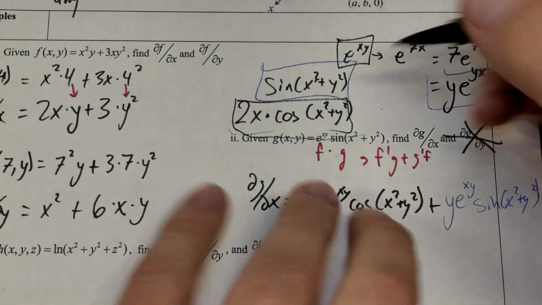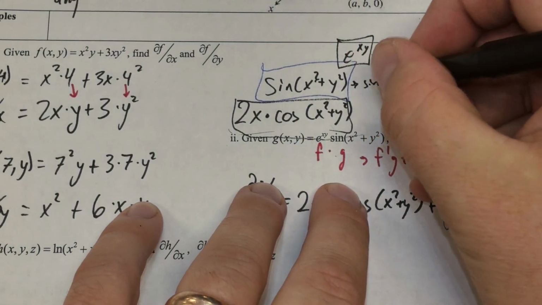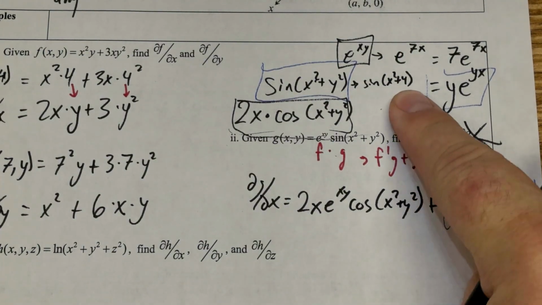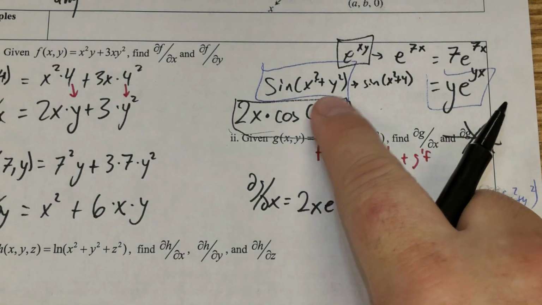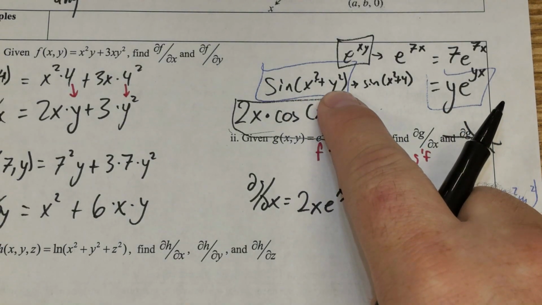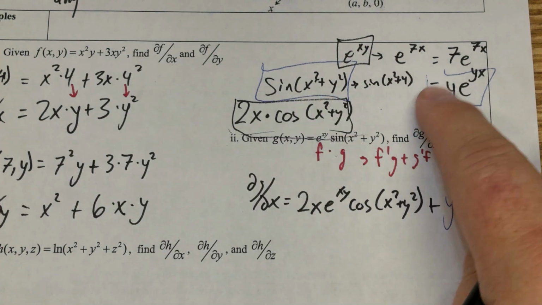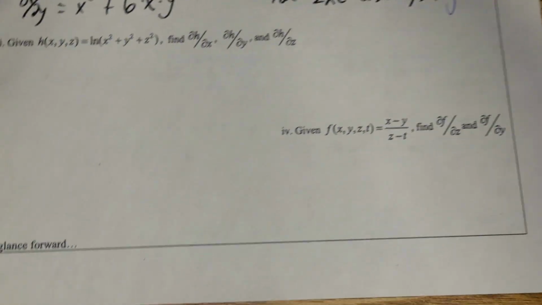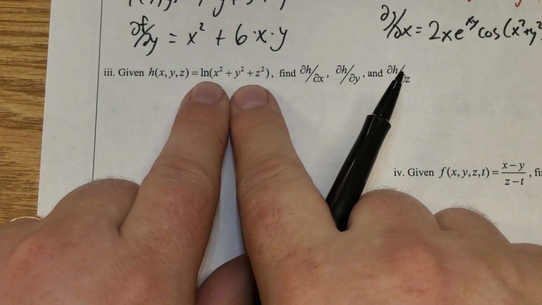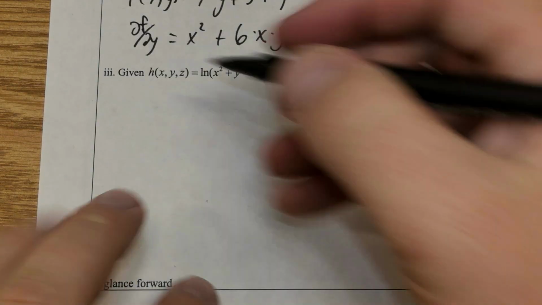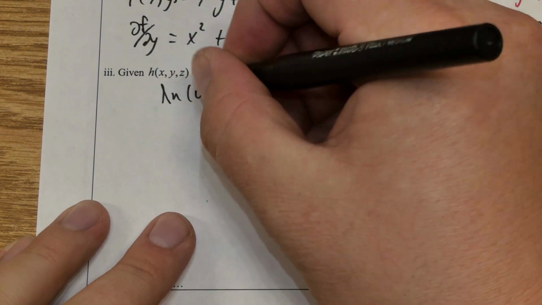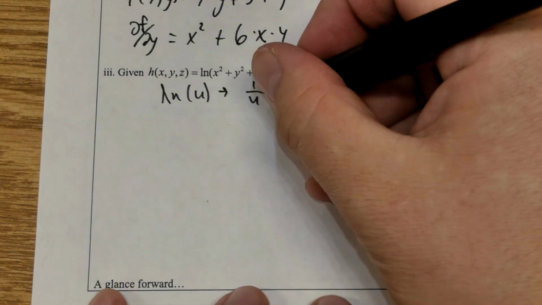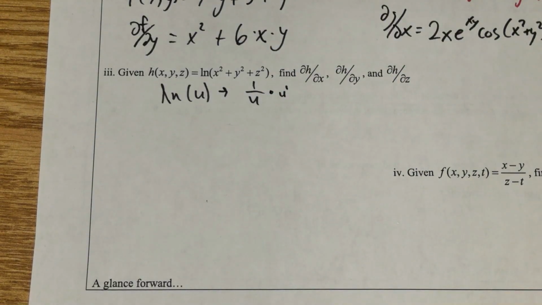When I'm taking this derivative, I'm taking the same derivative as sine of x squared plus 4. And so sometimes I mentally replace the variable I'm holding constant with a constant so I can see what it would turn out to be. Even like this one, I know the derivative of ln of something is 1 over something, and in this case I'd have to chain rule it, so it'll be times the derivative of that something.